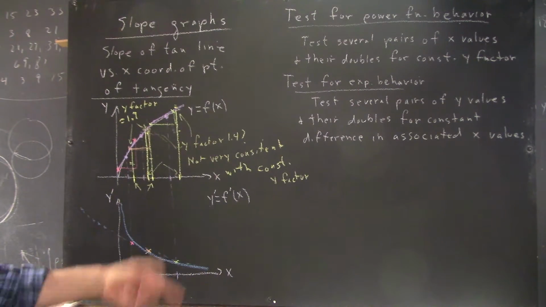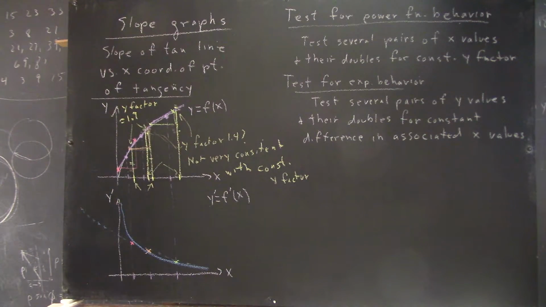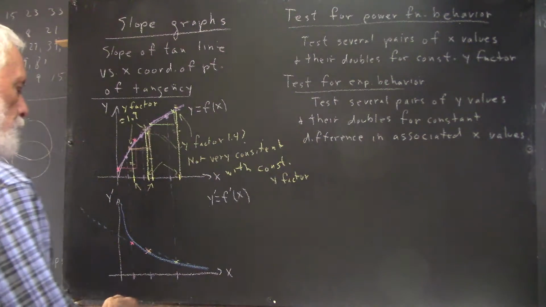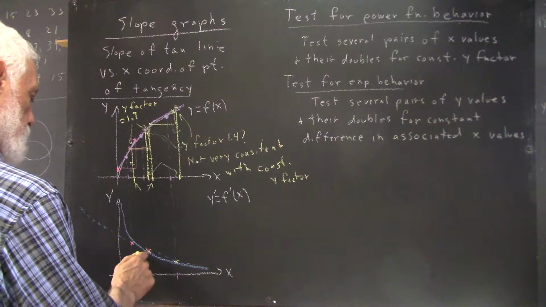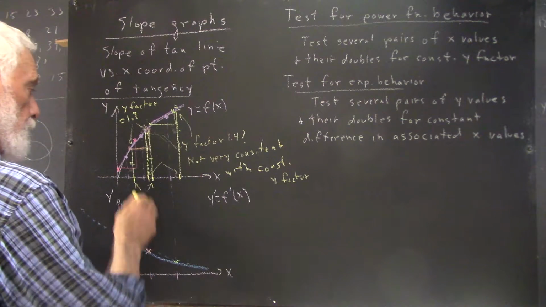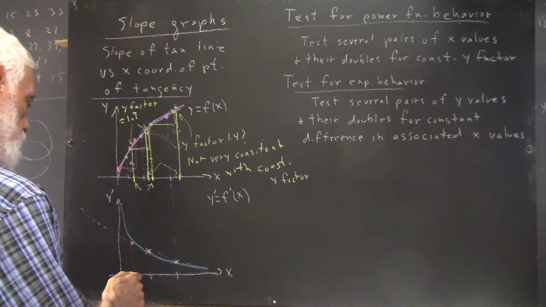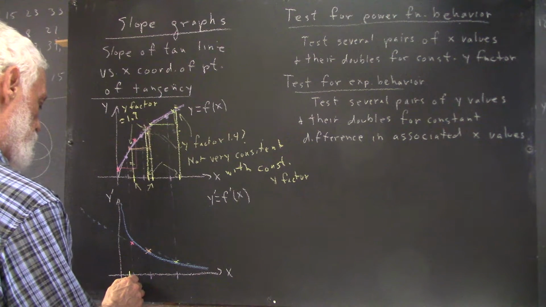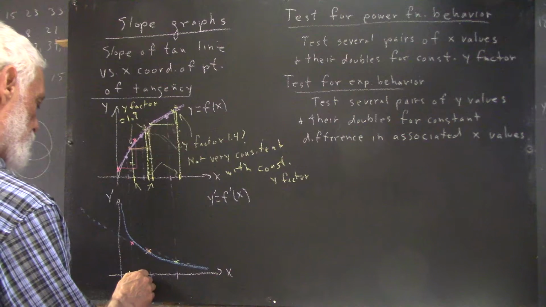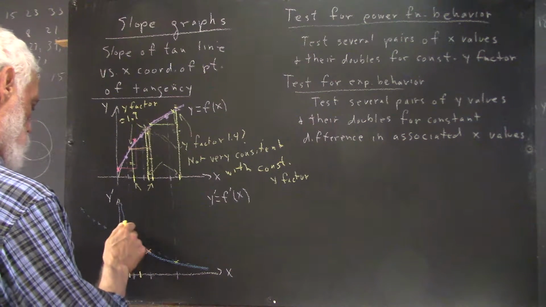Now I can come down here and test this graph. Okay, I don't have to use the same pairs of x values I used up here. I'm going to check this graph between, let's say, here and the doubling of that, which appears to be about here.